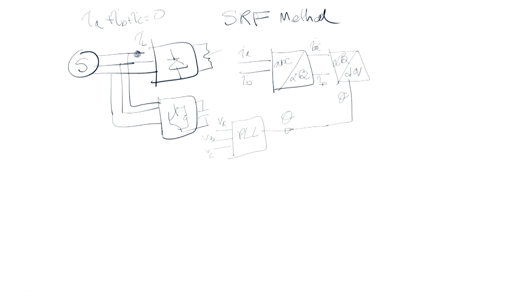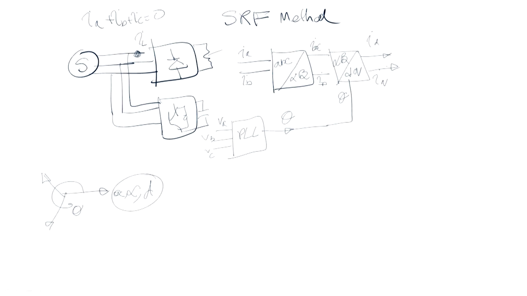If you take a 3-phase 4-wire system, then DQ0 will come. I am taking a 3-phase 3-wire system, so the DQ component will come. In the concept of 3-phase, this is your phase A, and you align alpha with that, and in the same way you align D with that. The initial angle between these two is 0, and you rotate with the synchronous frame, and thus you get theta. Essentially you get Id and Iq.